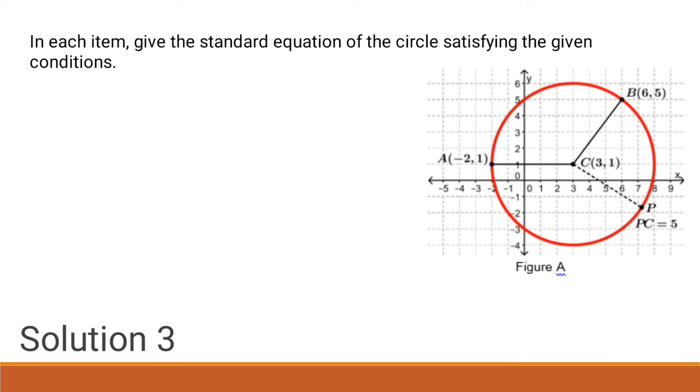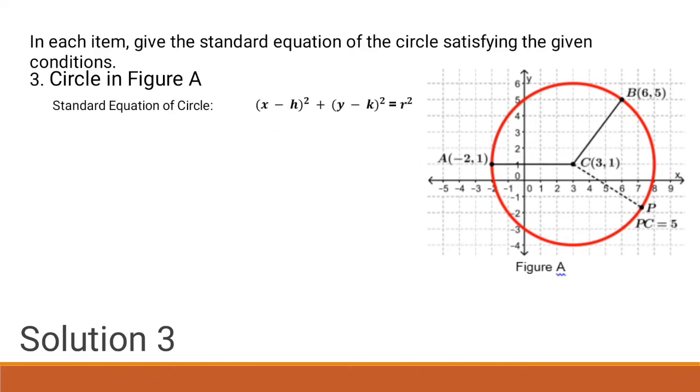For problem number 3, we have the given circle in figure A. Figure A is our previous example with points A (-2, 1), B (6, 5), and C (3, 1), with the same distance or radius of 5. So our center is h = 3 and k = 1.